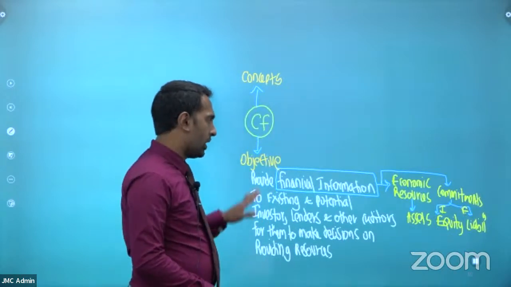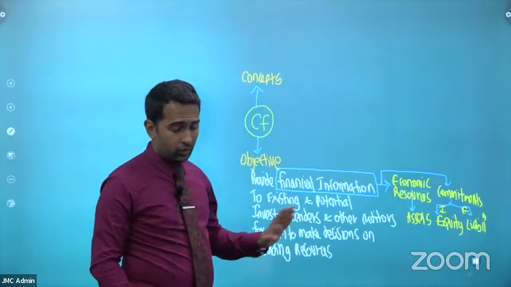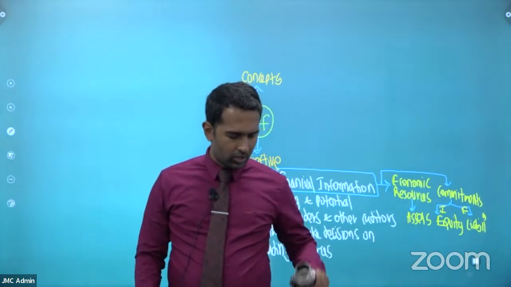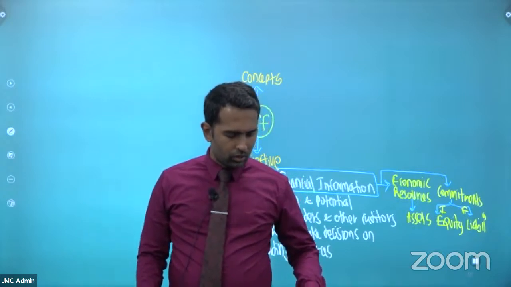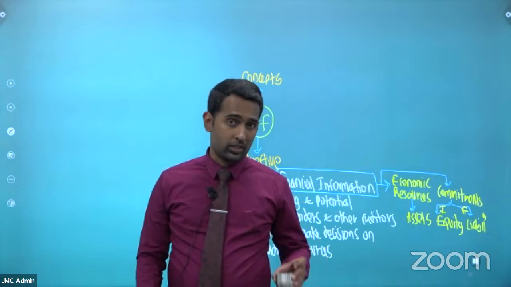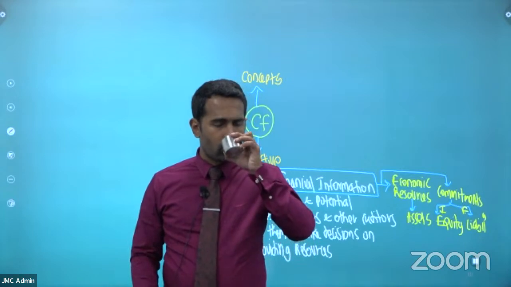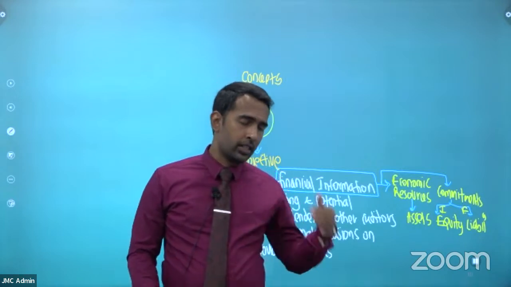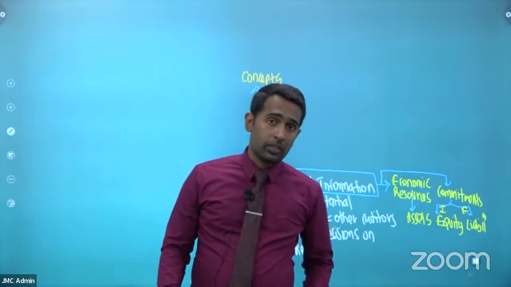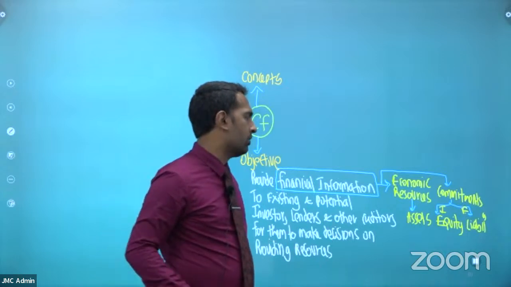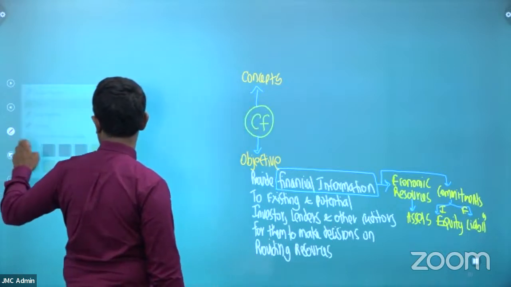So financial information means you are providing information about the economic resources, and at the same time, information about the commitments, your entitlements, your obligations, right? Your internal and the external commitments. Internal ones, we say the equity. External ones, we say the liabilities, right?